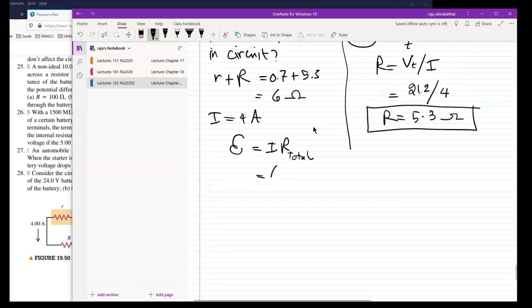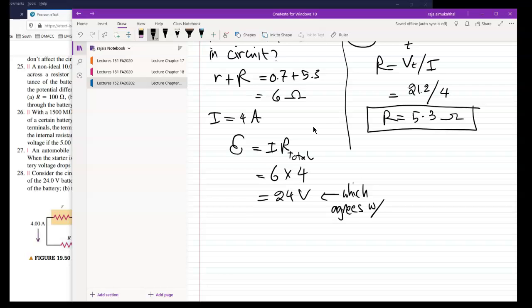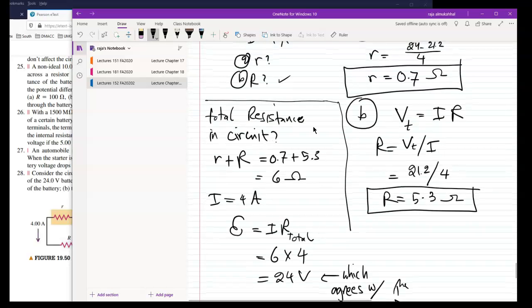As you can see, 6 times 4 is 24 volt, which agrees with the given EMF. Got it? Okay, so that's basically how we check. This one is a check.